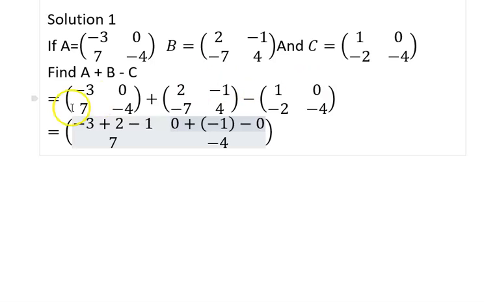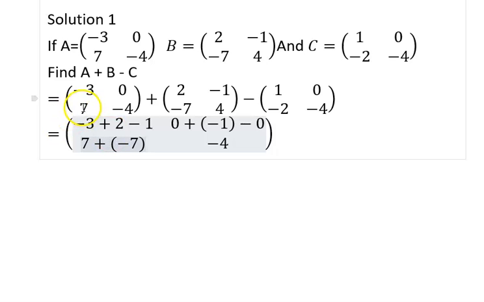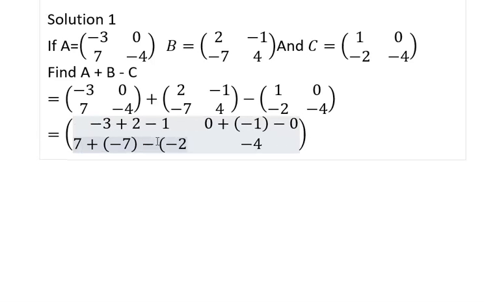The next one, 7 plus minus 7, then the corresponding one here is minus 2. So you have 7 plus minus 7 minus 2.